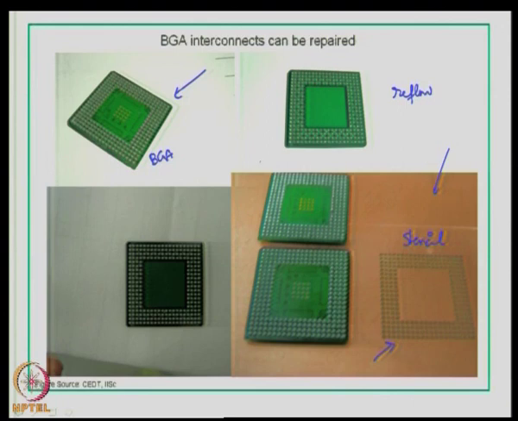And as you can see here nicely, these materials have reflowed and nice solder balls have been formed at the respective designated spots with the correct pitch in place. So, you can remove the interconnects of the BGA when you are repairing and replace with new solder balls, but this is a method where we have used a solder paste as the starting material to realize the solder balls.